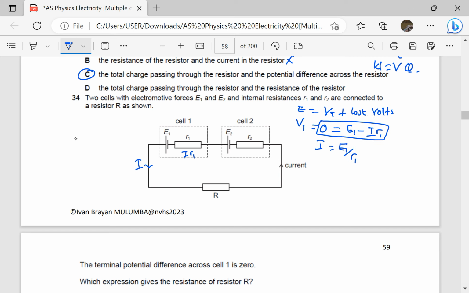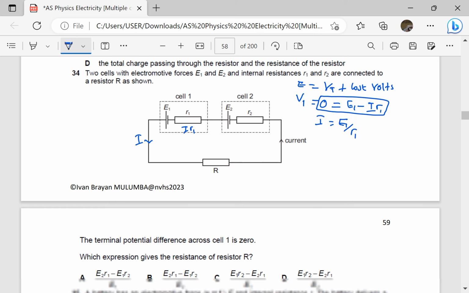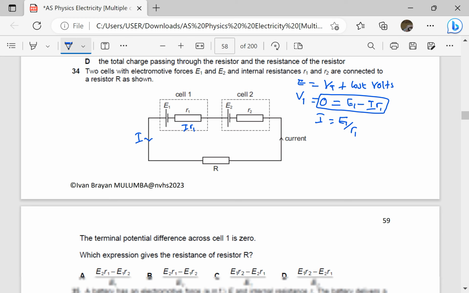Okay. So then, which expression gives the resistance of resistor R? So now I'm going to draw in a loop, which is anti-clockwise. So if I consider that loop, the sum of EMFs will be E1 plus E2.